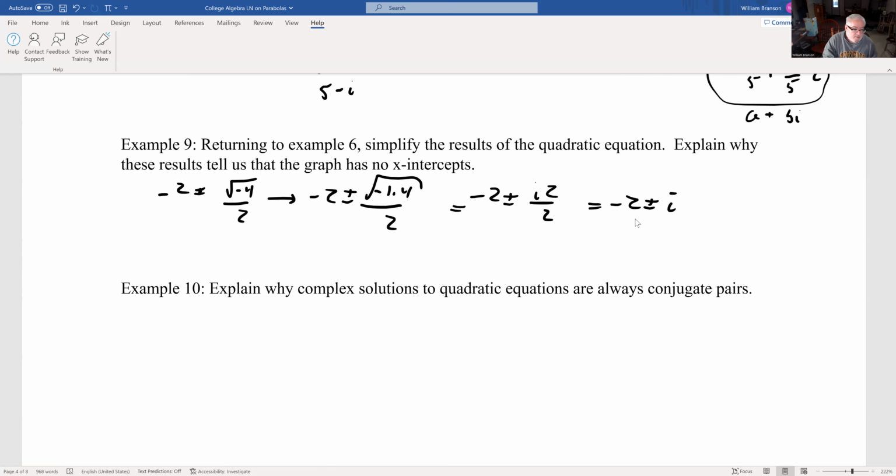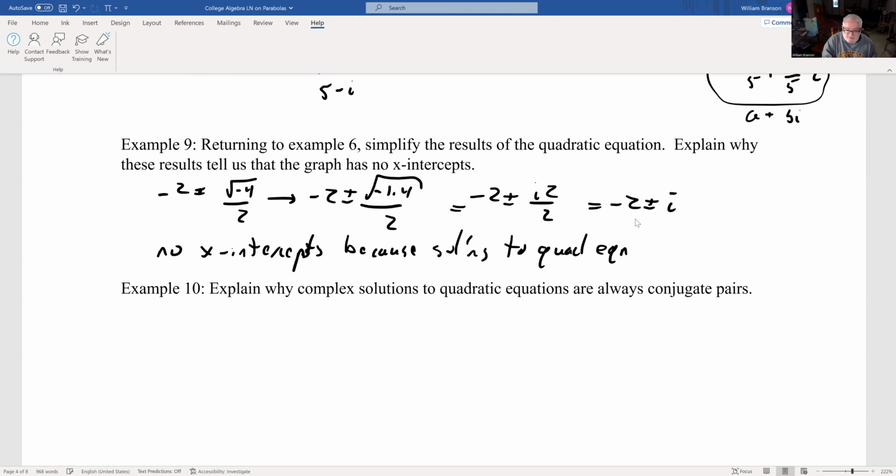So we have no x-intercepts. Because the solutions to the quadratic equation, and we use the quadratic equation to find x-intercepts, right? They're complex. They're not on the x-axis. So no x-intercepts.